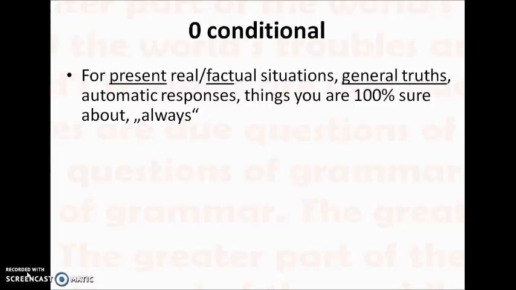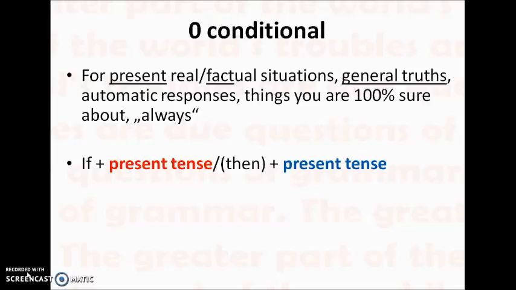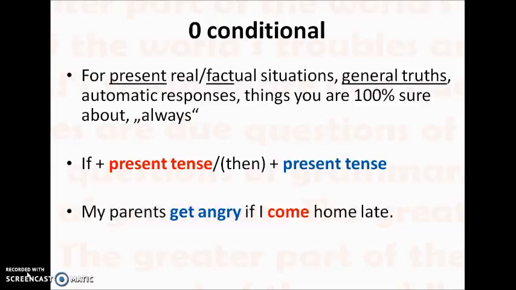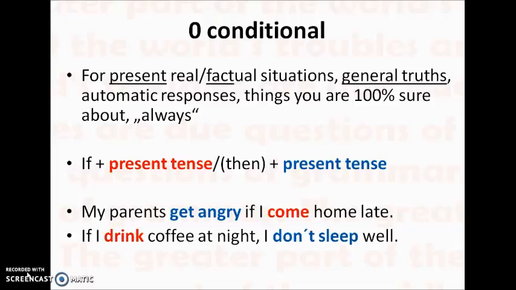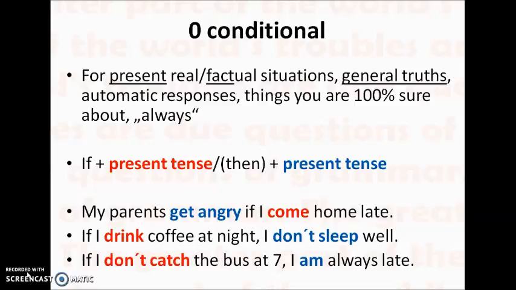In zero conditional, both the if part and the then part use the present tense. For example, my parents always get angry if I come home late. If I drink coffee at night, I usually don't sleep well. If I don't catch the bus at 7, I'm always late.